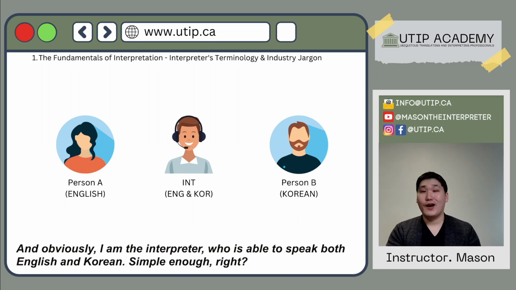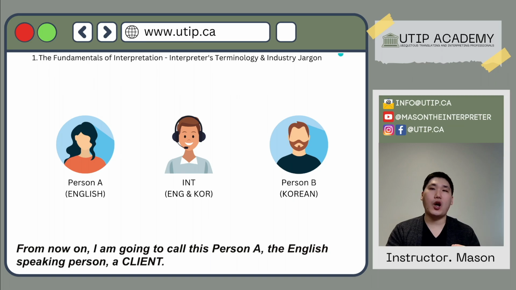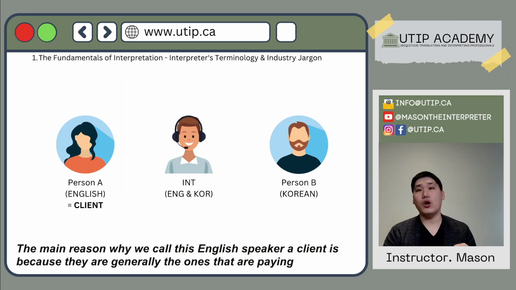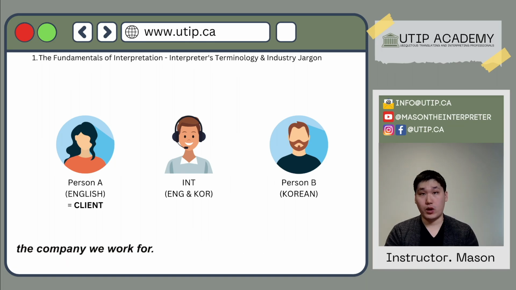Simple enough, right? From now on, I am going to call this person A, the English-speaking person, a client. The main reason why we call this English speaker a client is because they are generally the ones that are paying the company that we work for.